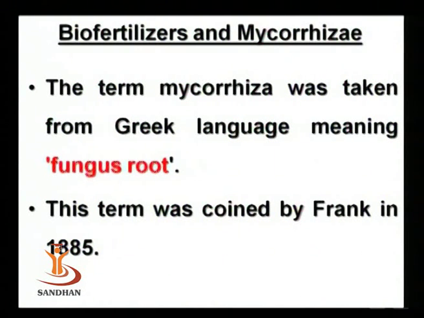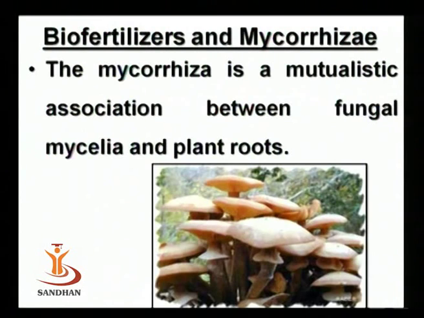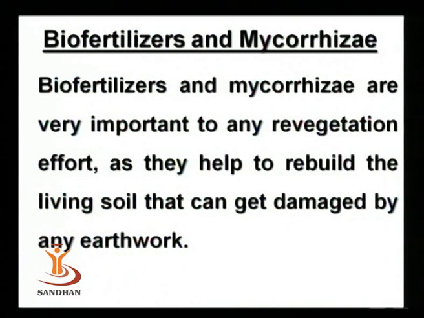Because myco means fungi, and rhiza means root. This fungus is found in association with the plant root, and that's why they are known as mycorrhiza. The mycorrhiza is a mutualistic association between fungal mycelia and the plant root.